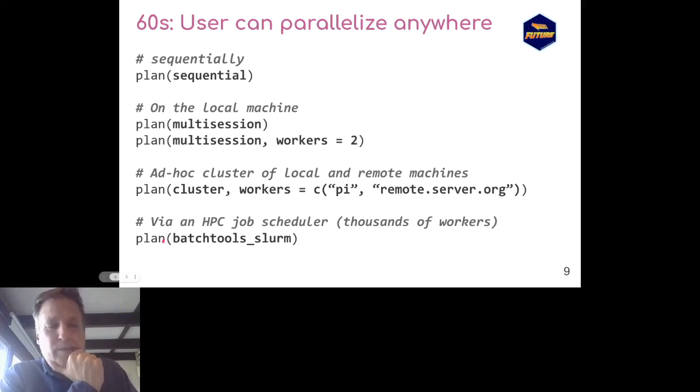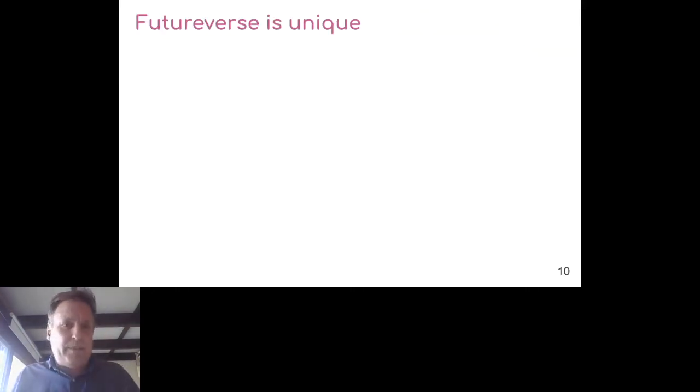So they might want to submit their evaluation, or the futures, to the job schedulers. This is done through the batchtools package, and this is an example, batchtools_slurm. There's a job scheduler called Slurm. There are others called Torque or Sun Grid Engine and so on. So it's up to the user to decide.